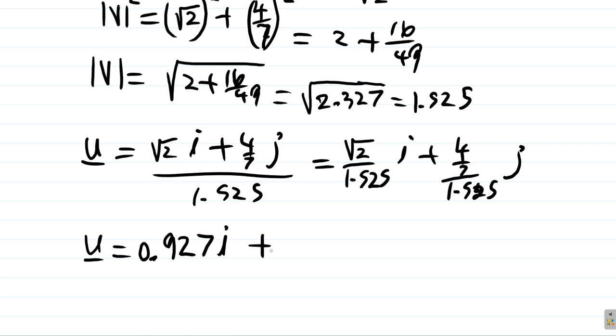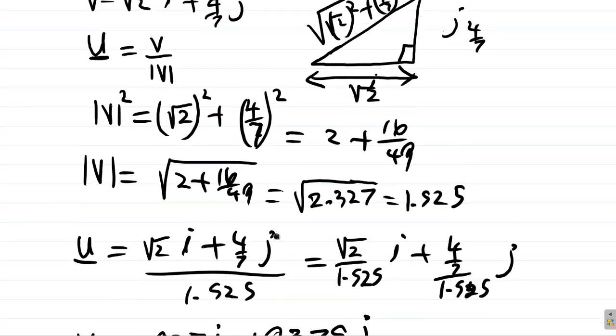Alright, so the next thing, 4 divided by 7, and then that over 1.525 equals 0.375. 0.375j. So that is our unit vector.